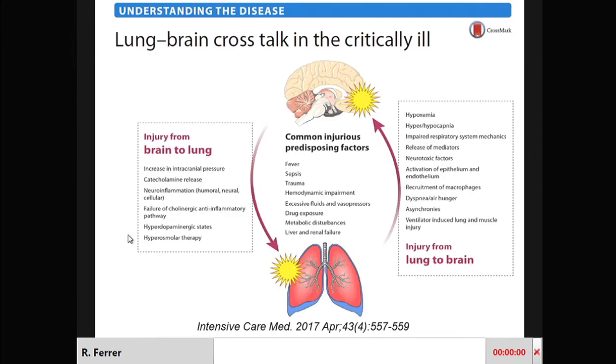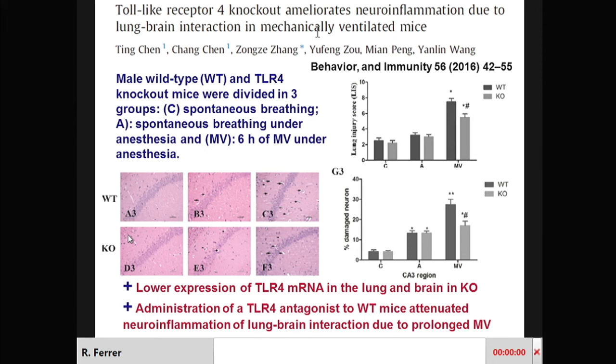So just for closing, the effects on each single organ are not independent. In fact, there is a crosstalk between all these organs, from the brain to the lung, from the lung to the brain, and again, this crosstalk can be prevented by blocking toll-like receptor 4.